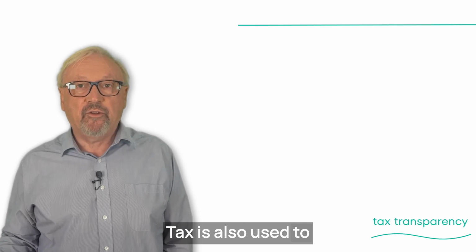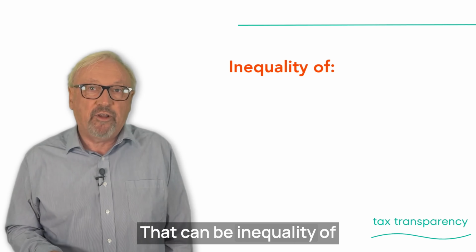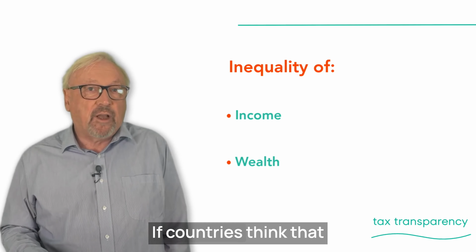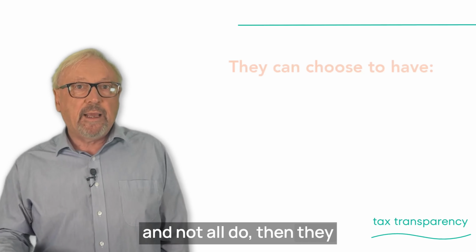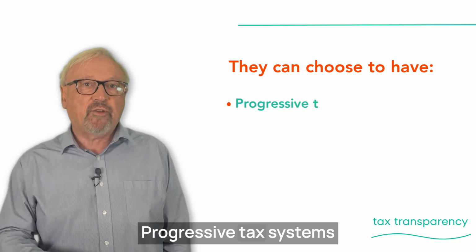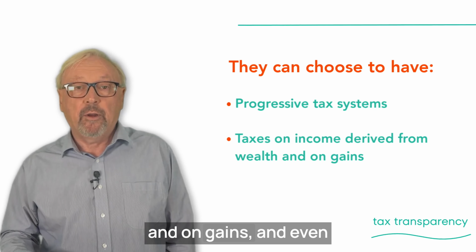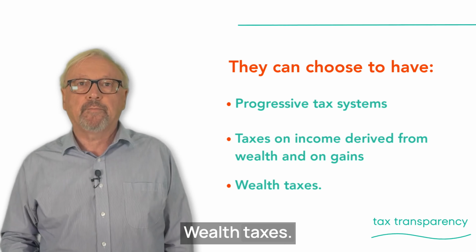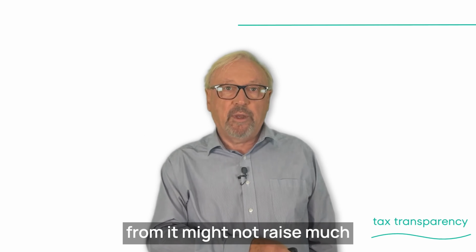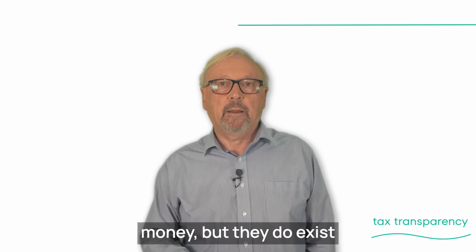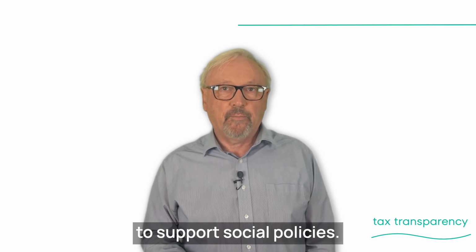Tax is also used to tackle inequality within many countries. That can be inequality of both income and wealth. If countries think that this issue is important, and not all do, then they can choose to have progressive tax systems, taxes on income derived from wealth and on gains, and even wealth taxes. In many cases, taxes on wealth and income derived from it might not raise much money, but they do exist to support social policies.